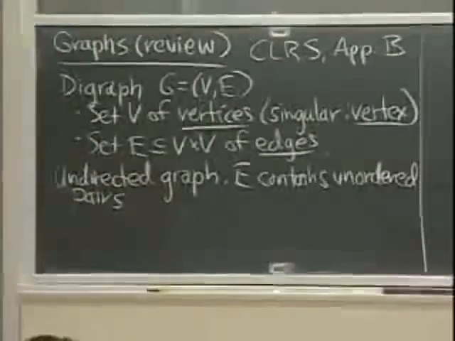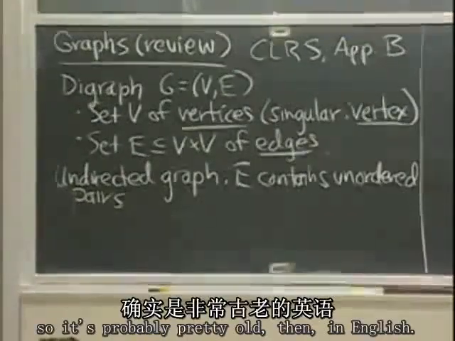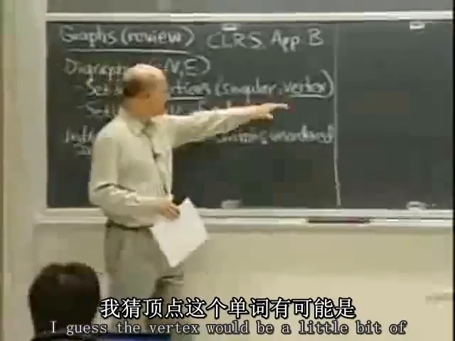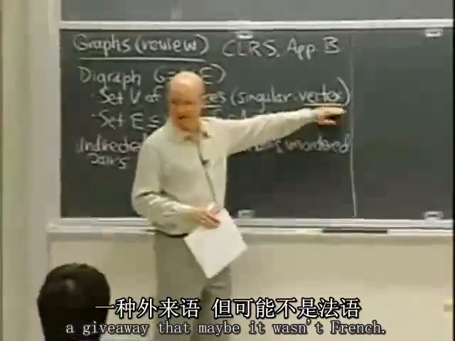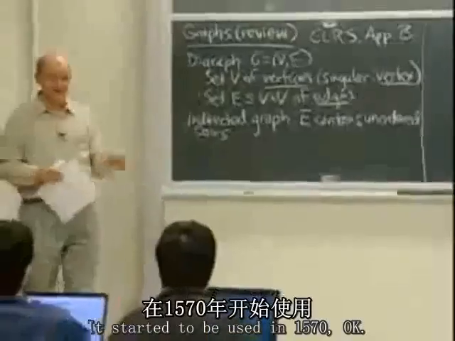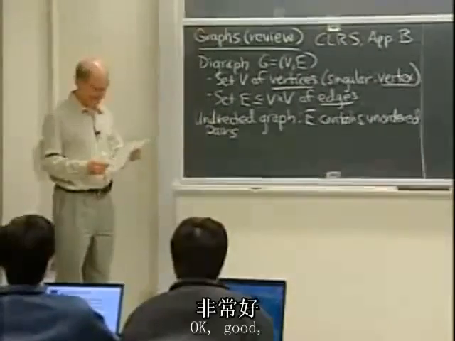And sorry? It's Latin. Okay, so it's probably pretty old then in English. I guess the vertex would be a little bit of a giveaway that maybe it wasn't French. Started to be used in 1570. Okay.